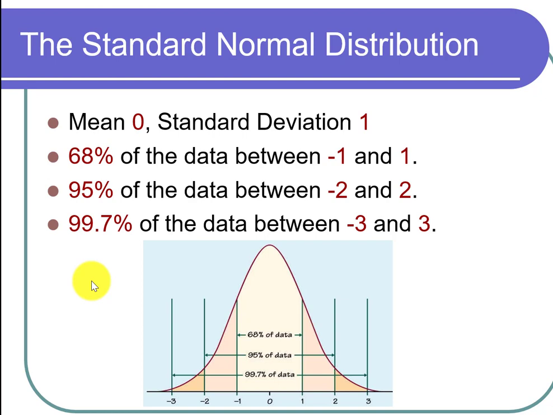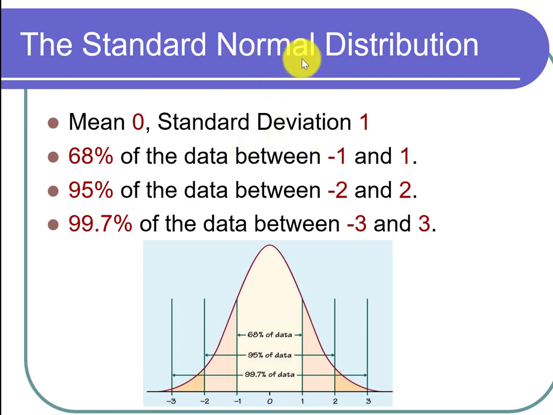So for the standard normal distribution, by standard, what we mean is that the mean, or the average, is equal to 0. And the standard deviation is equal to 1. Those are the easiest numbers you can imagine for the mean and the standard deviation where it's still relevant.